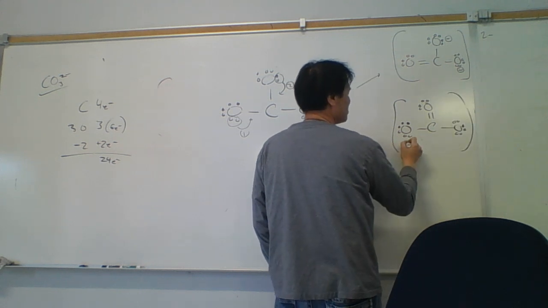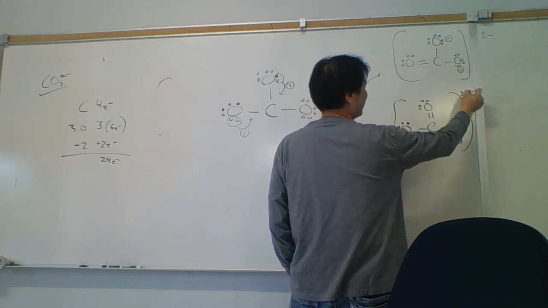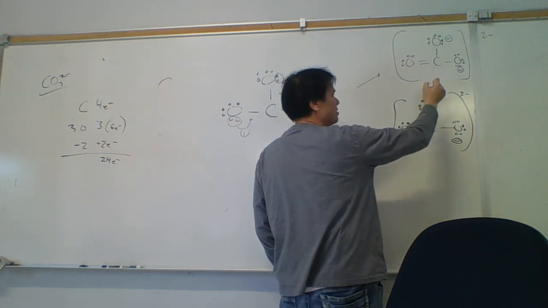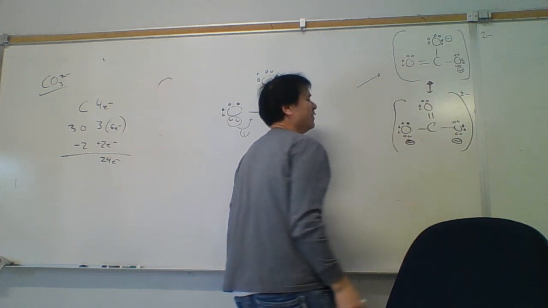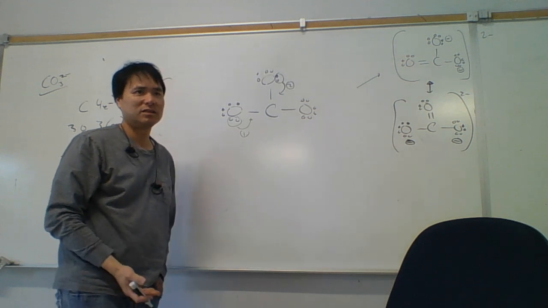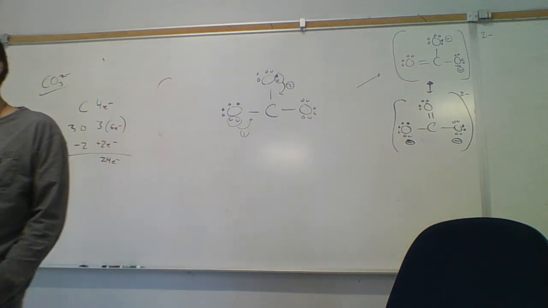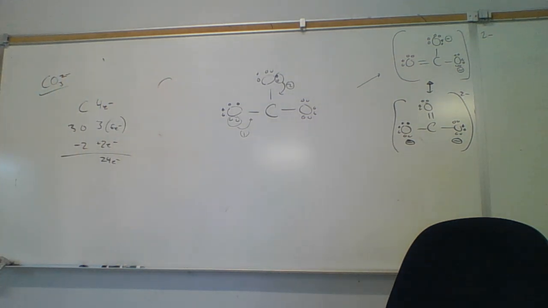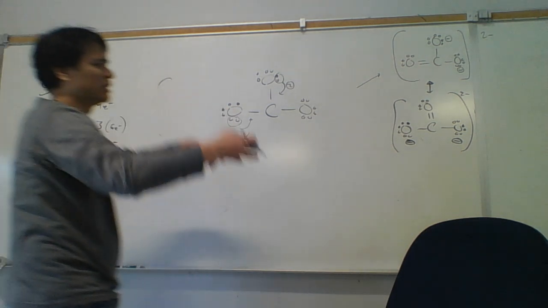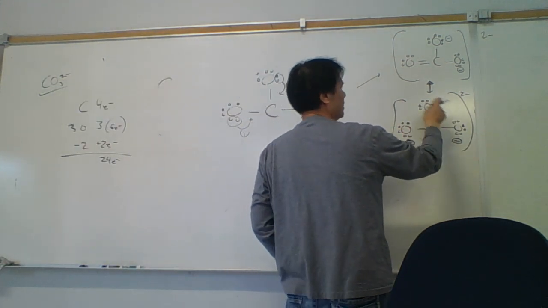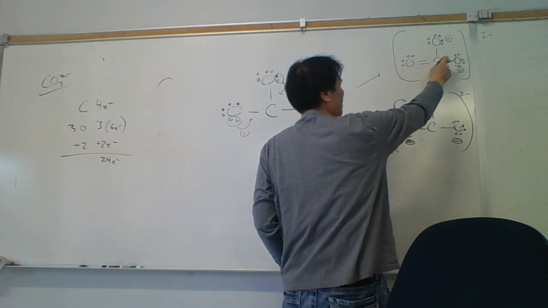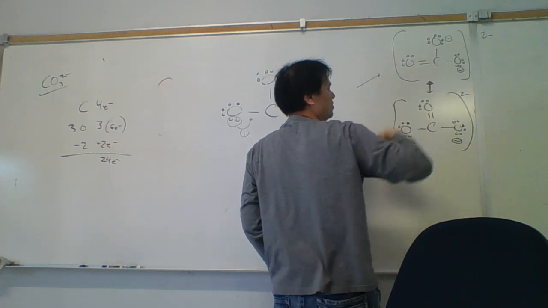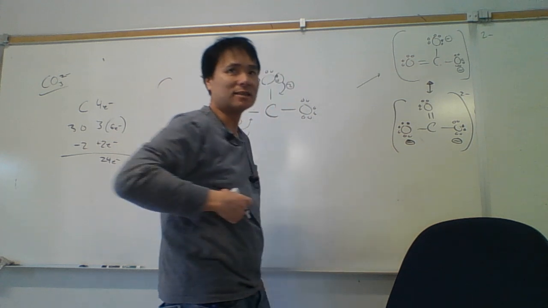So this will be negative, this will be negative, and we'll get a 2 minus. These are called resonance forms. You see pretty much the same structure, we just had a different way of arranging the electrons. We keep the atoms fixed in position. I don't want to start rotating it or moving it. The atoms are going to be pinned to the page. If I pin the atoms on the page, then I can see the different ways of arranging the electrons.